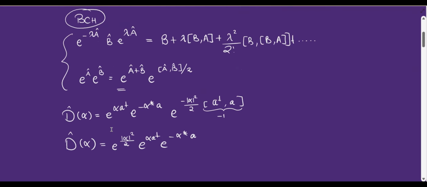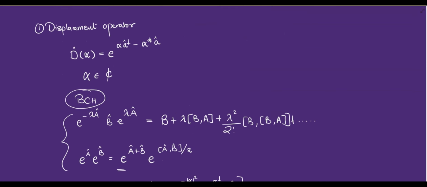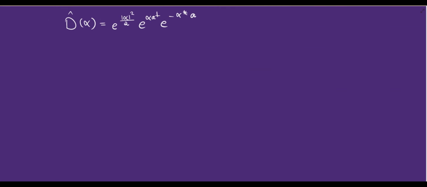So now that we have learned a few things about the displacement operator, we will define what is called a coherent state using this. A coherent state is derived by applying this displacement operator on a single mode vacuum state. So if I apply the displacement operator on a single mode vacuum state 0, I get what is called alpha, and this is called a coherent state.